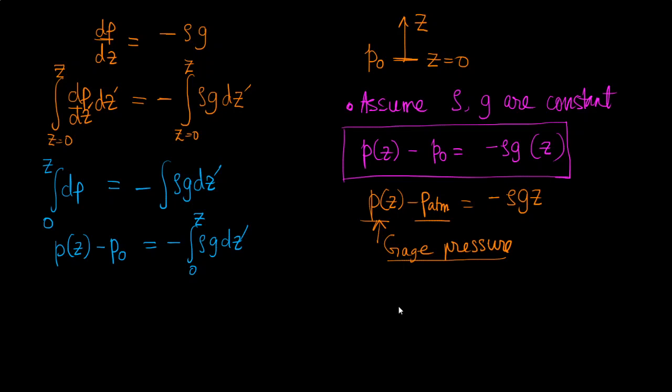We can similarly define the vacuum pressure. So the vacuum pressure is how far below the atmospheric pressure a given pressure is. So P atmospheric minus Pz, if I were to write it like this, is called the vacuum pressure. So how low relative to the atmospheric pressure is our pressure.